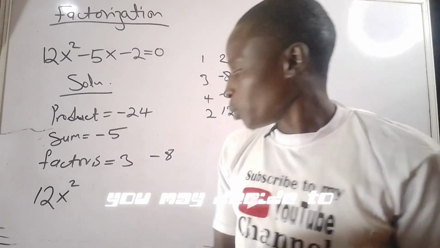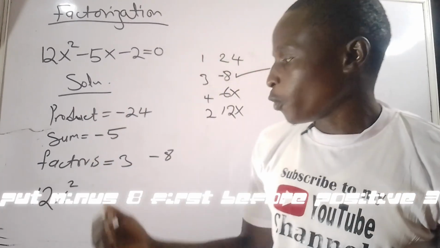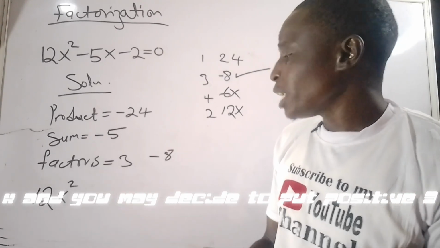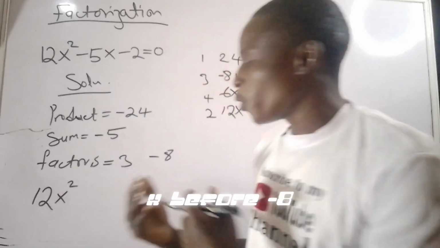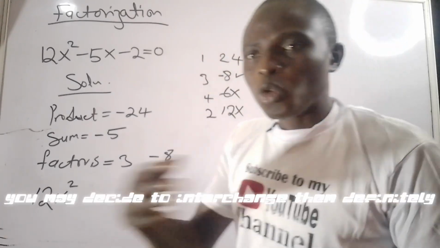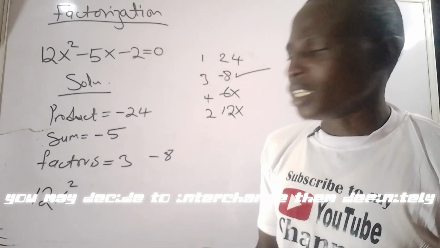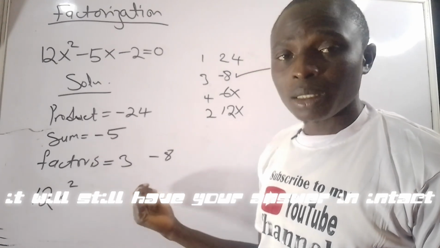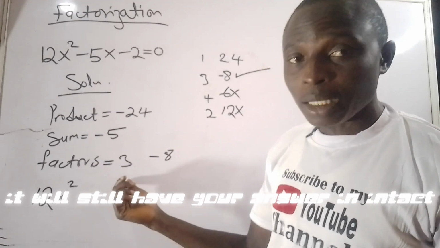You may put minus 8x first before positive 3x, or positive 3x before minus 8x. Provided these two factors are correct, you will still have your answer intact.